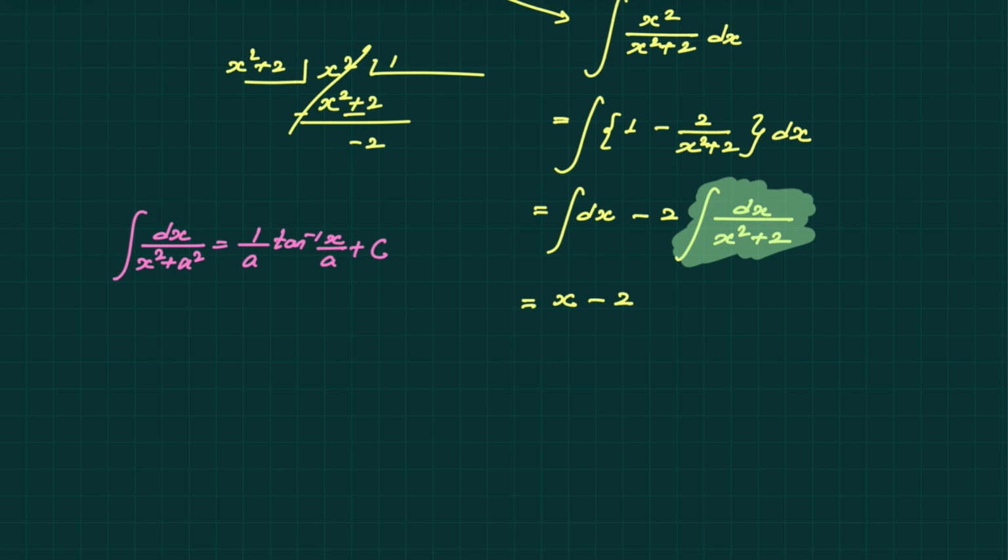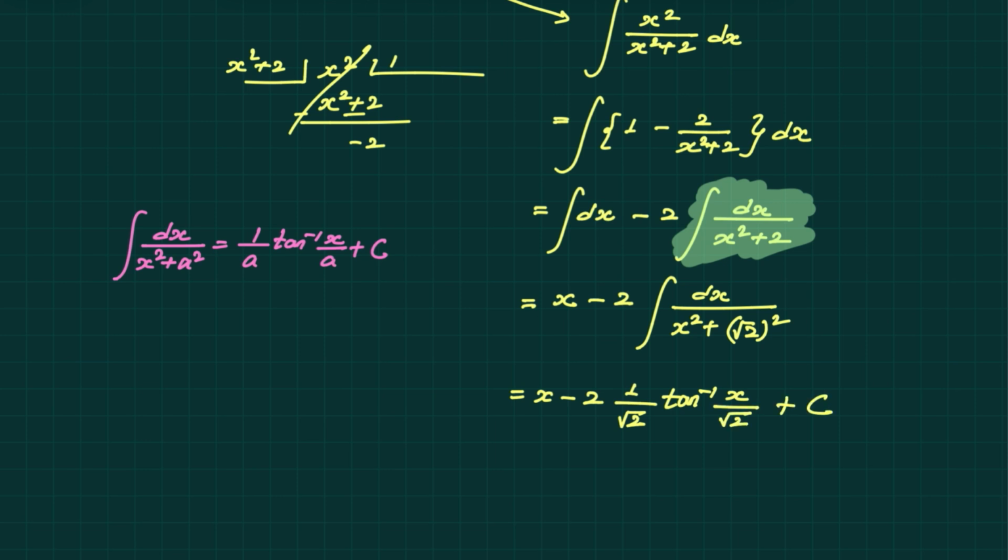So let us modify this particular integral to the integration of dx over x square plus, this 2 can be written as square root of 2 whole square. Now this matches the formula here, then I can write this as 1 by a, that is 1 over root 2 tan inverse of x by a, that is x over root 2, plus c.